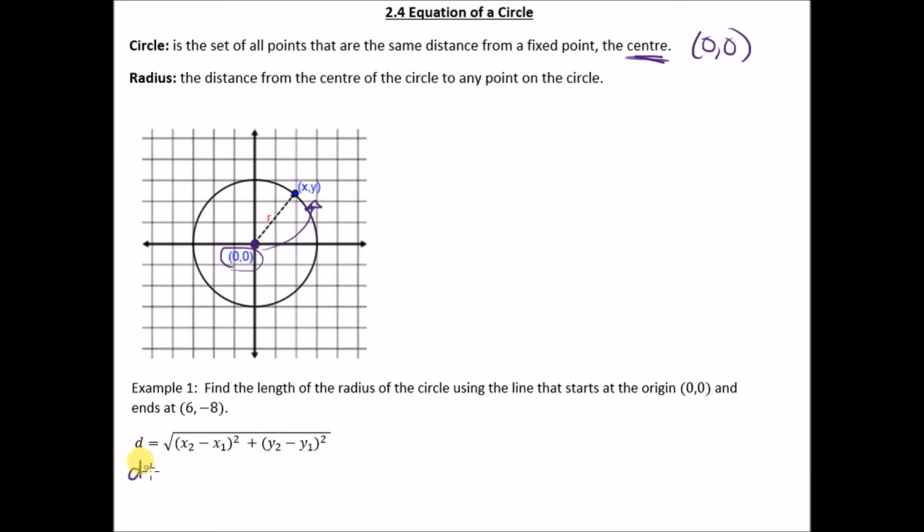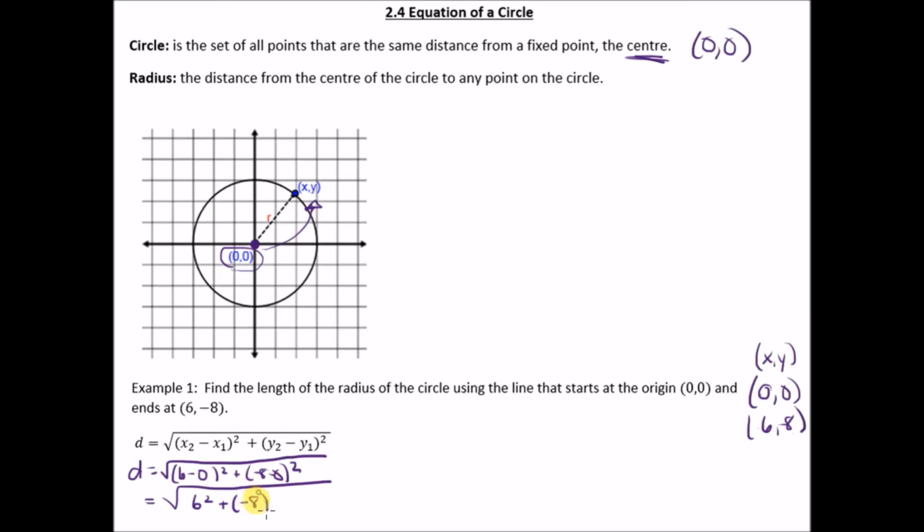If we were to plot these two points, and you can stack them like this, x, y, and then 6, -8, we do 6 minus 0 and -8 minus 0. So we do 6 minus 0, squared, and -8 minus 0, squared. If we simplify just the brackets, we have 6 squared plus -8 squared.